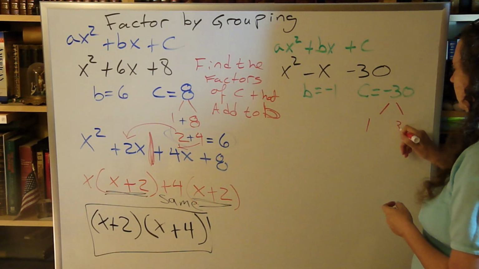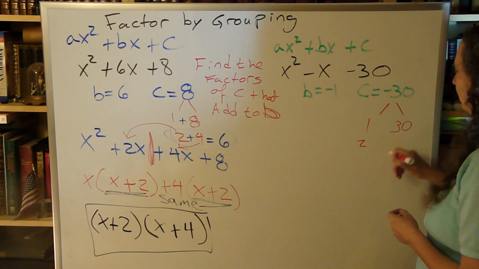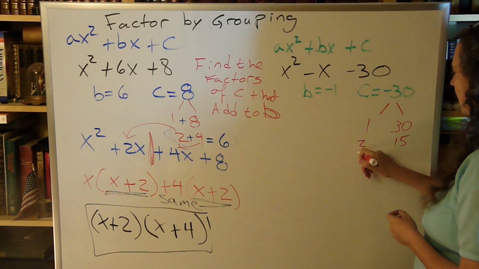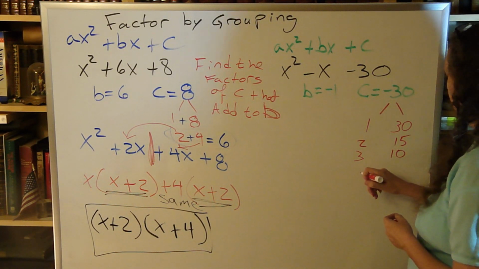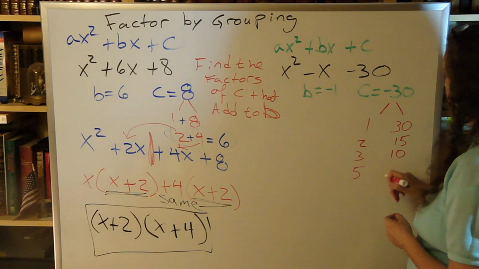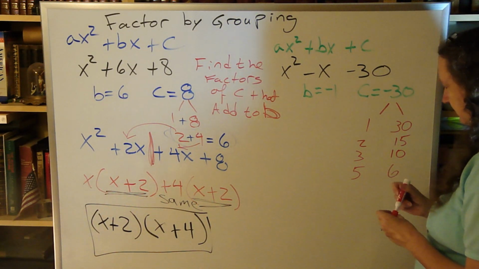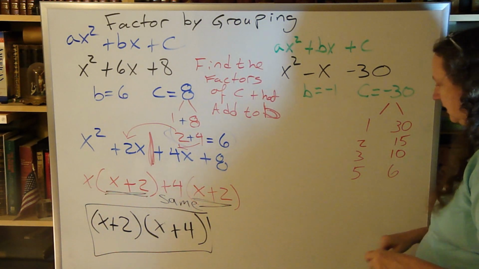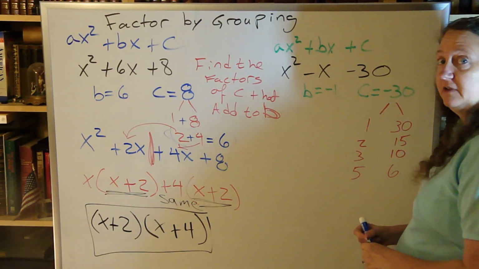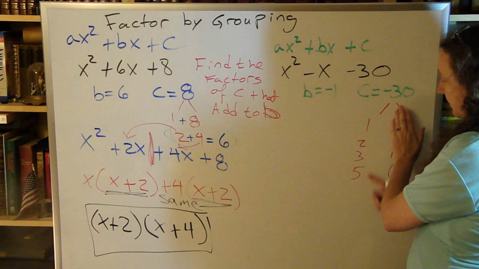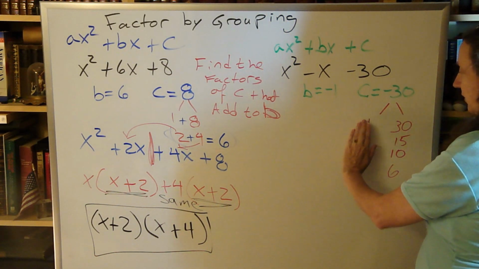So I have 1 and 30. I have 2 and 15. I have 3 and 10. And I have 5 and 6. Like I said, I know that one of these is going to have to be negative, either something from that column or something from this column.